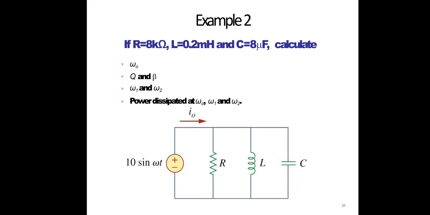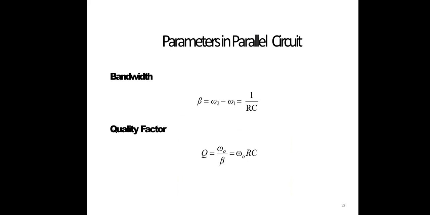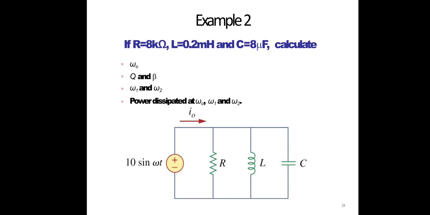Once you have found that, automatically you will get omega 1 and omega 2 using these relations. We have the beta value, that is equivalent to omega 2 minus omega 1, which is equal to 1 by RC. By using that also you may find it. 1 by RC means 8 kilo into 8, 10 power 3 by 64, 1000 by 64, near about 16.